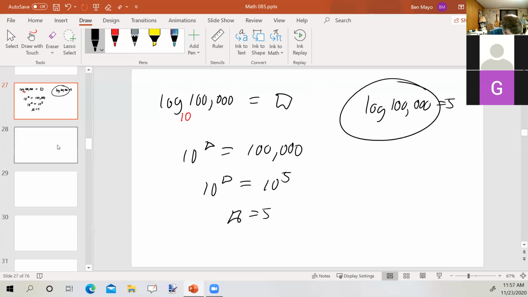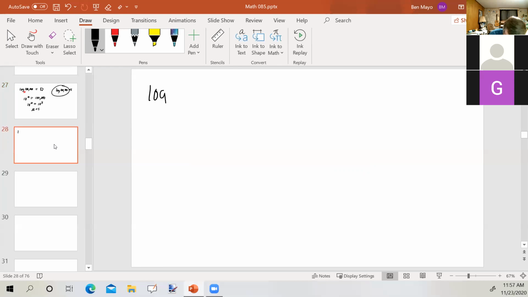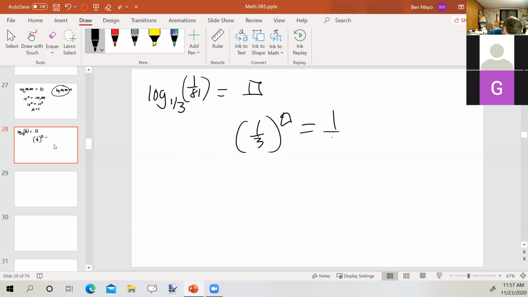Let's see here. How about this? Log base 1/3 of 1/81. What does that equal? Well, it equals some unknown box. So that means 1/3 to the box power equals 1/81.